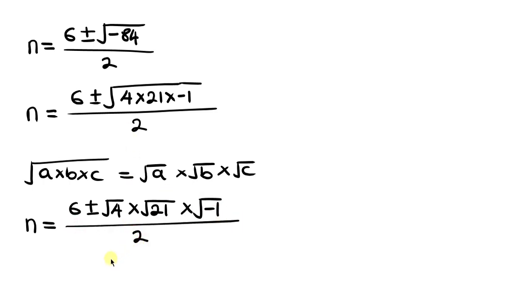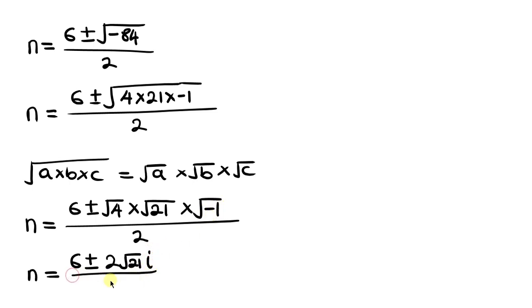Very good. So n now becomes 6 plus or minus. Now the square root of 4 is actually 2. So 2 times the square root of 21 is 2 root 21. Now the square root of negative 1 is i, which is iota.